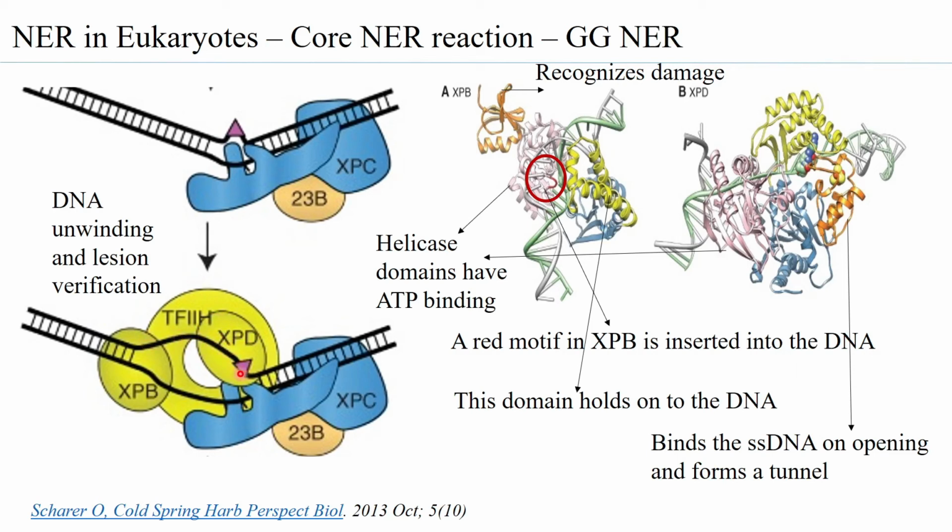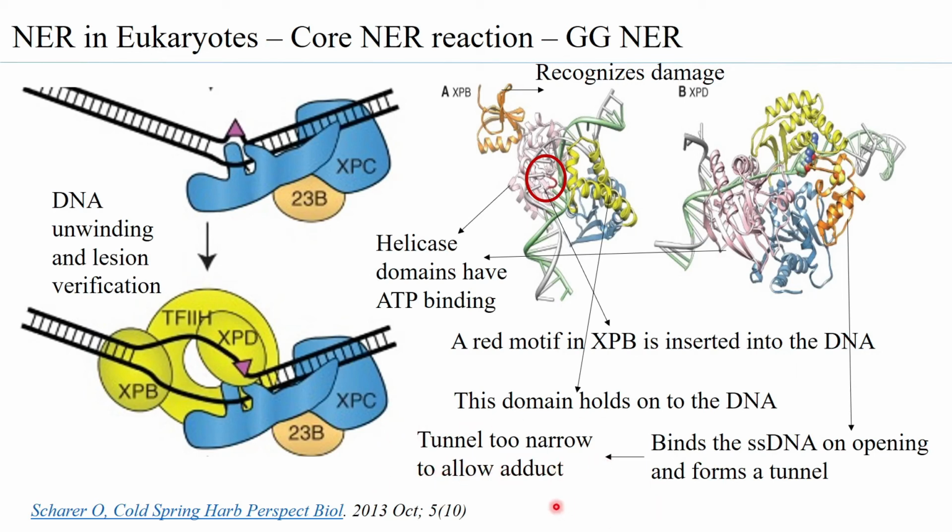Now, the tunnel is too narrow to allow an adduct, which means that if there are normal nucleotides present, then it easily goes through the tunnel. But if there is a bulky adduct present, say for example a thymidine dimer, then being bulky, it cannot enter the tunnel, so it is too narrow to get into the tunnel.